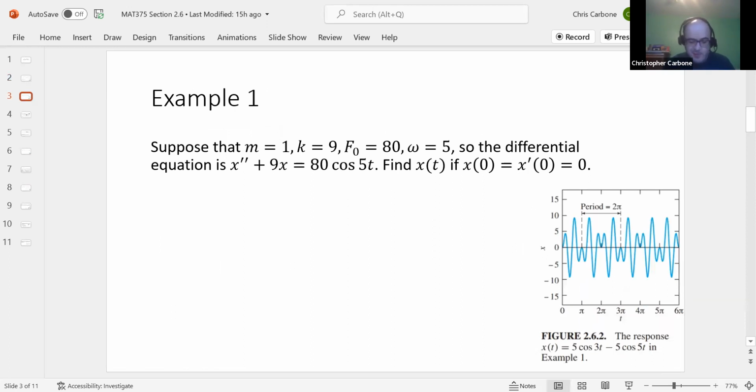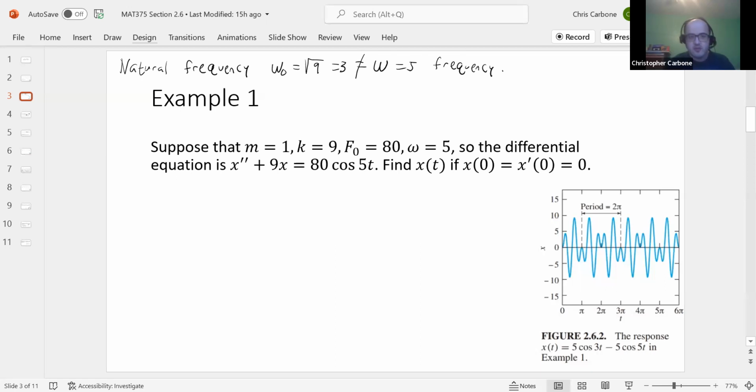So the natural frequency from this is omega sub 0, that being equal to the square root of 9, so 3 in this case. But that is not the value of omega, which we were given to be 5, which is our frequency.